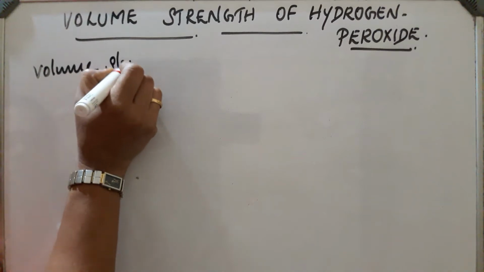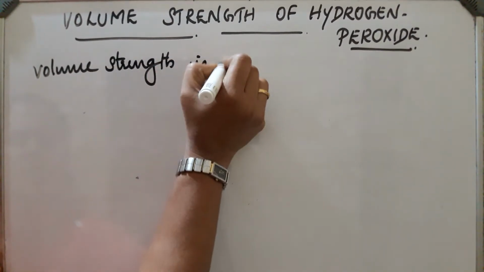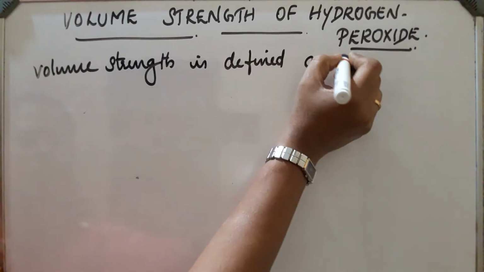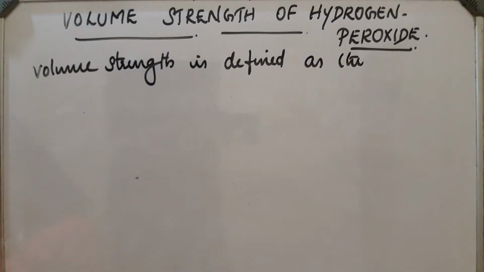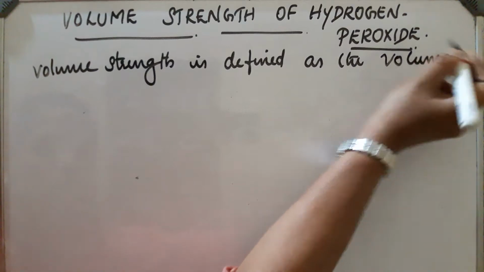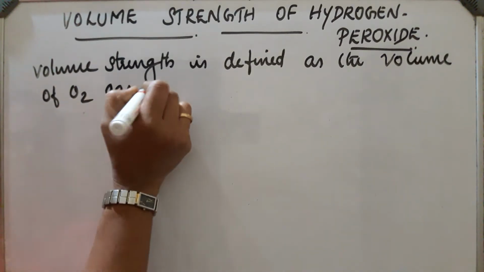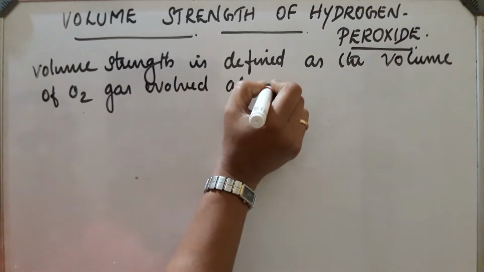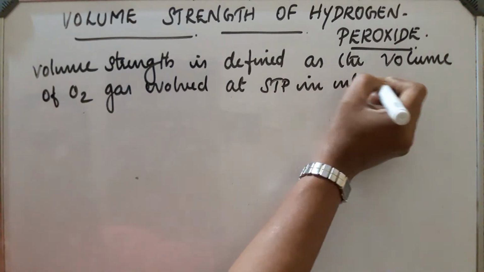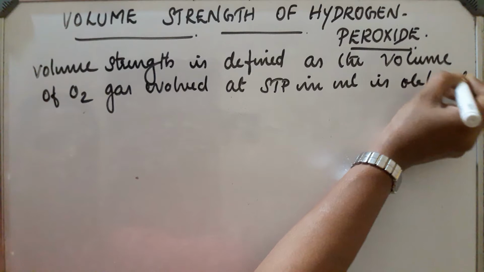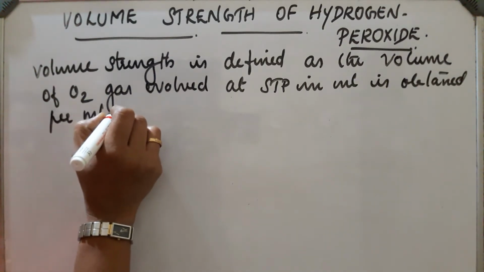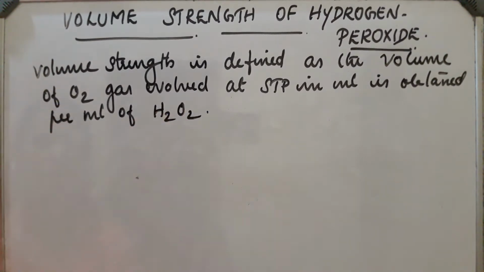Volume strength is defined as the volume of O2 gas evolved at STP in ml obtained per ml of H2O2 solution.